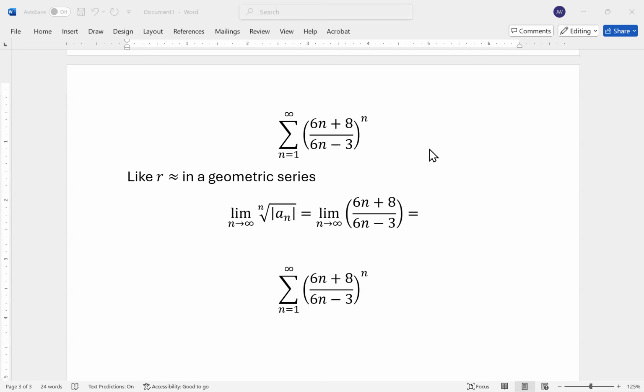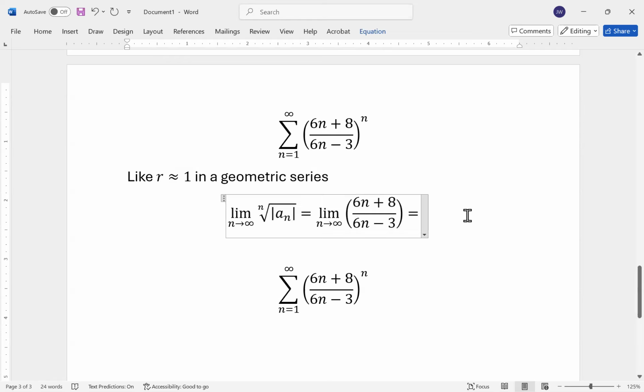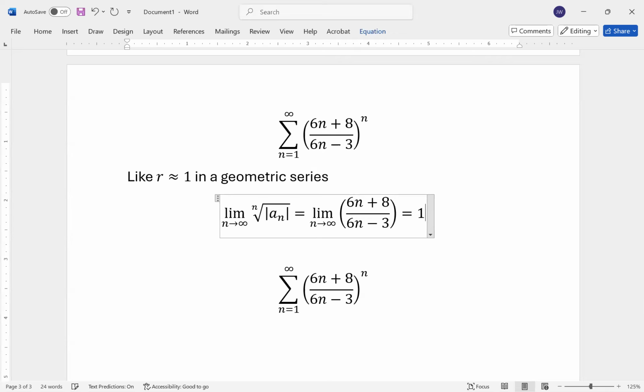Now, in this case, the piece that's being raised to the nth power, the limit of that piece as n goes to infinity, is 1. So this is like having an r that is really close to 1 in the geometric series. If I do the formal calculations, the limit of the nth root of a sub n becomes 1.